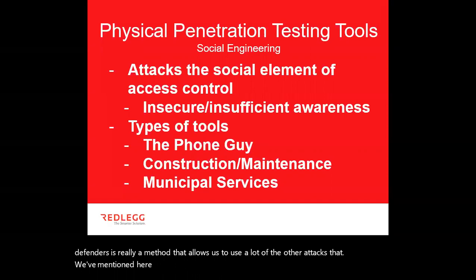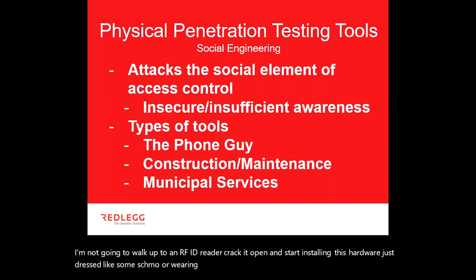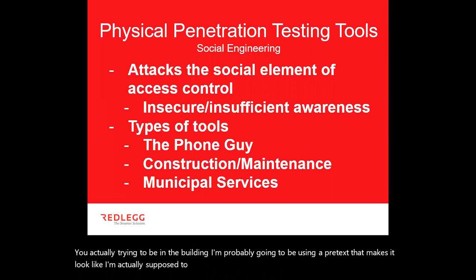We aren't typically going to, for example, with that BLE key I talked about, the hardware solution for cloning or reading RFID signals, walk up to an RFID reader, crack it open, and start installing this hardware just dressed like some schmo, or wearing business casual clothes like I would if I was actually trying to be in the building. I'm probably going to be using a pretext that makes it look like I'm actually supposed to be there. That way, if people get sketched out, they're less likely to report me and less likely to confront me.